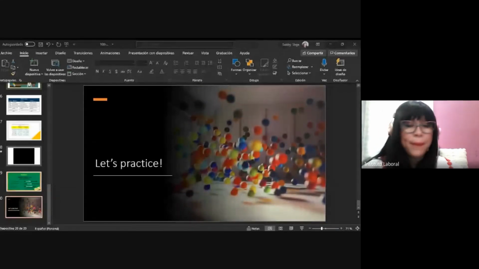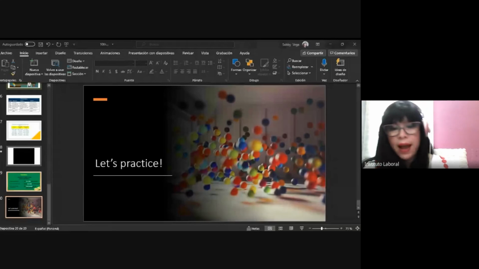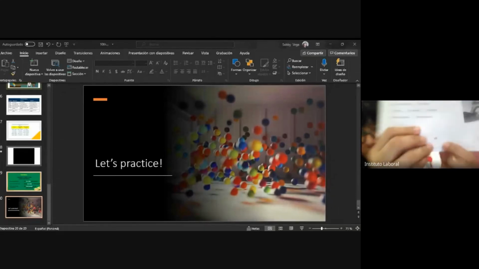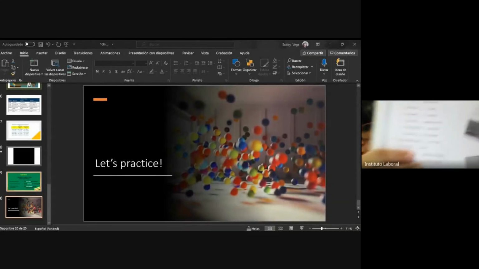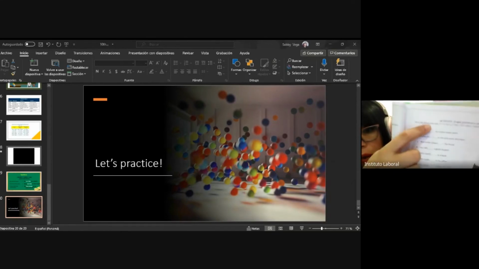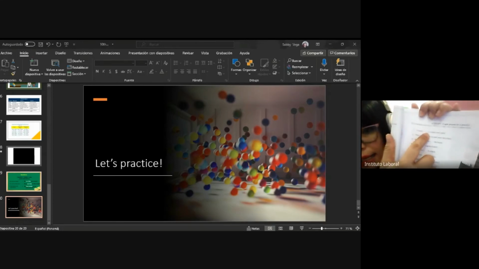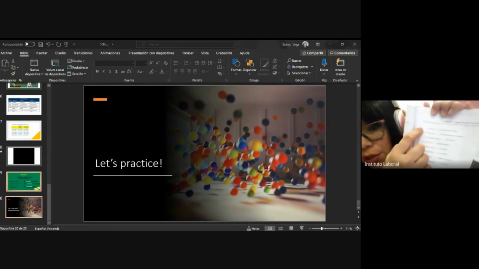Ahora tenemos las prácticas que tenemos en el módulo. En el módulo tenemos la página 25. On page 25 tenemos cerca de 20 oraciones a las cuales tenemos que escribir el verbo en la línea, pero tomando en cuenta quién es el sujeto.